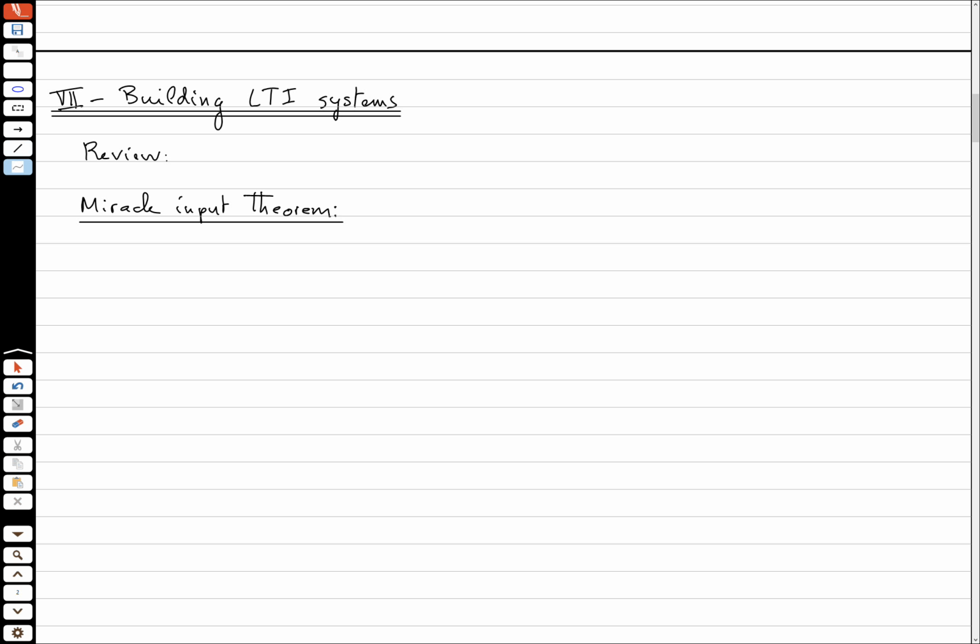So, if S is LTI and G of N is its impulse response, therefore G of N by definition is S of delta of N.